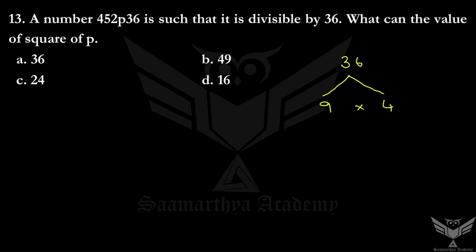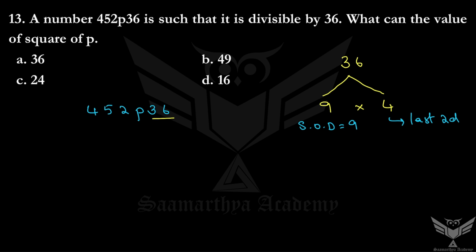So the number has to be divisible by 4 as well as 9. For 4, the last 2 digits should be divisible. And for 9, the sum of digits should be divisible by 9. This is the condition. But if you see the number given: 4, 5, 2, P, 3, 6.